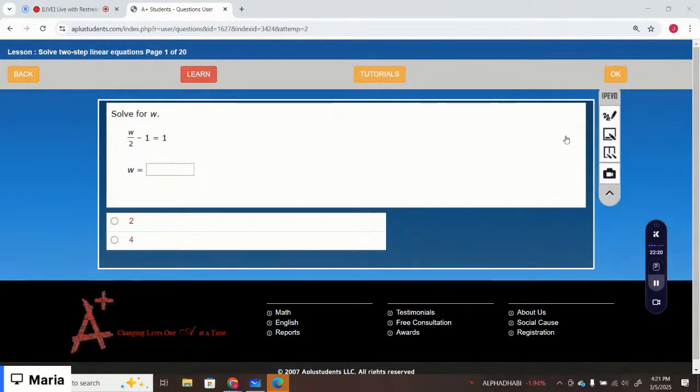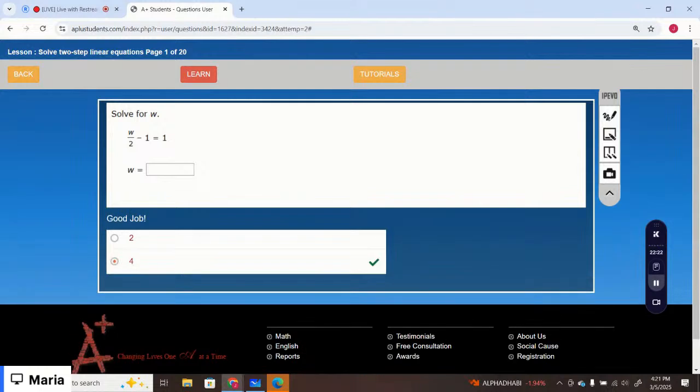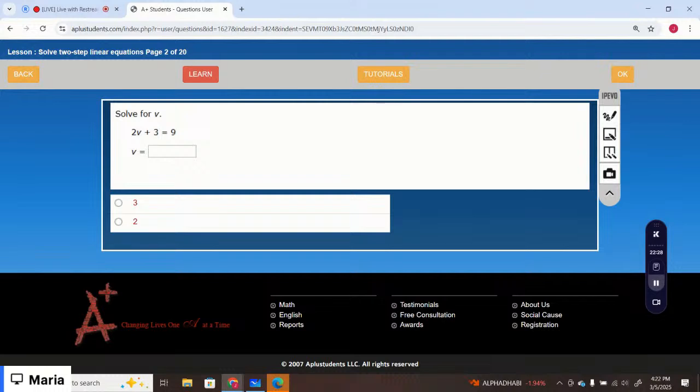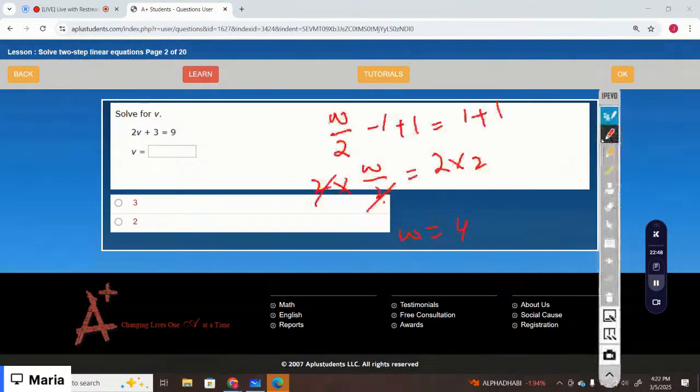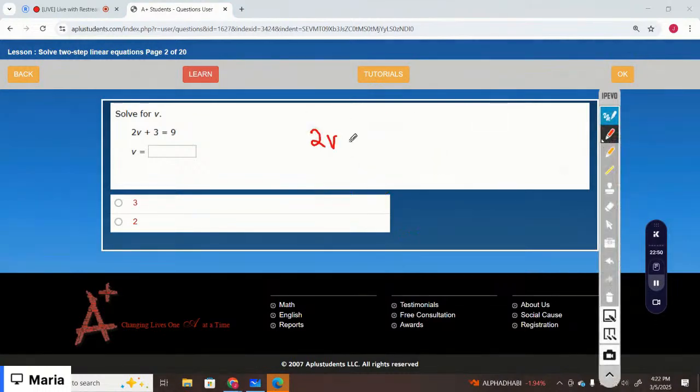That is W equals 4. Option number 2 is the correct option. Solve for V. 2V plus 3 minus 3 equals 9 minus 3.